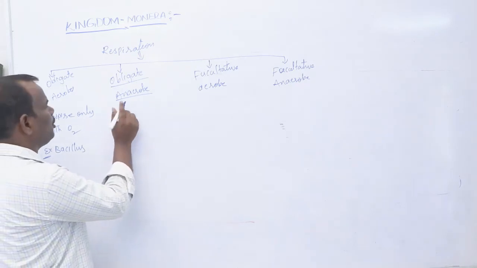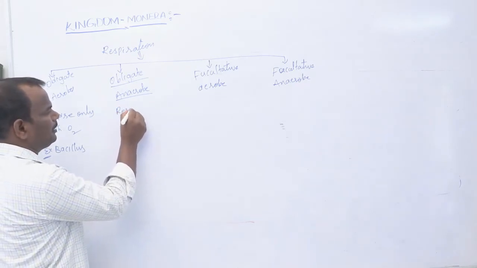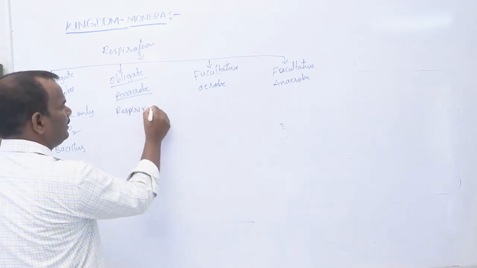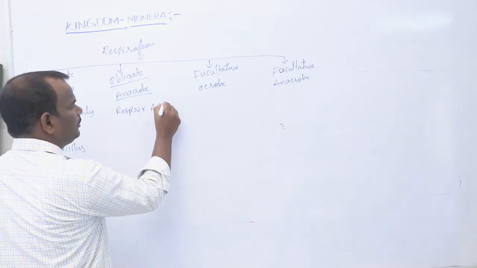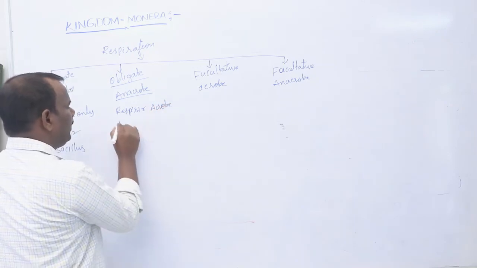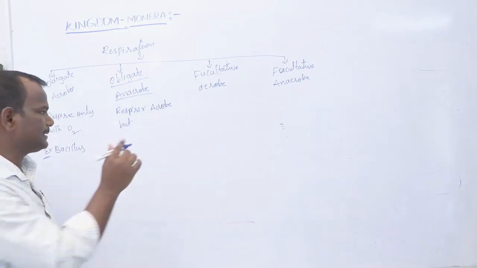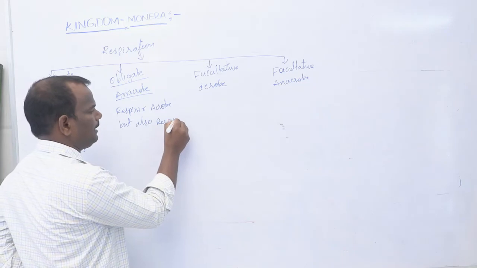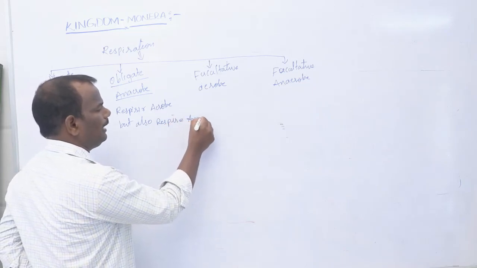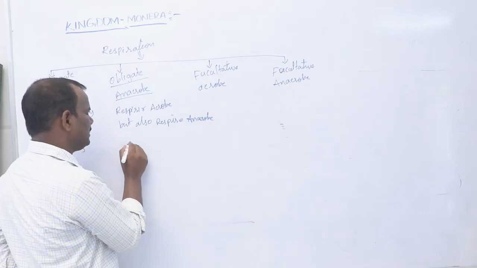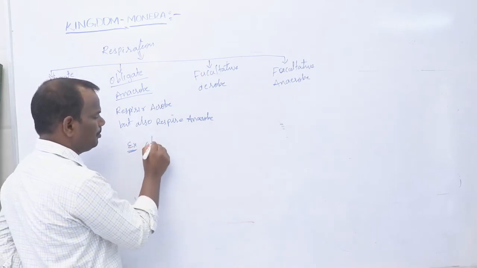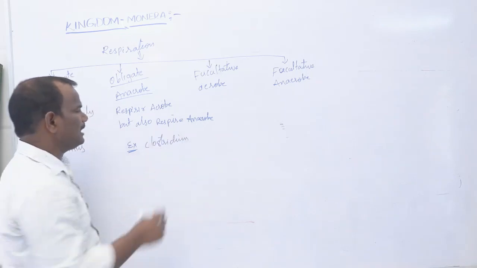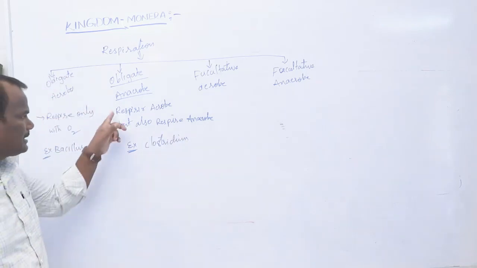Obligate anaerobe means it can respire with oxygen, aerobically, but also it can respire anaerobically. The best example is Clostridium. What is the special character of Clostridium?